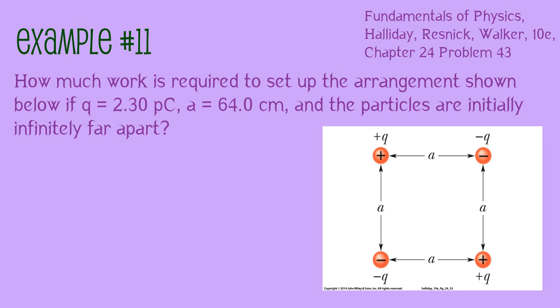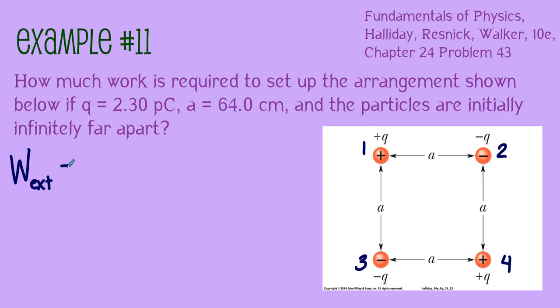And to find the potential energy of the whole system, we would need to find the potential energy of every possible pair. In other words, if I label these 1, 2, 3, and 4, the potential energy of my system, which again would be the same thing as the work done by some force.